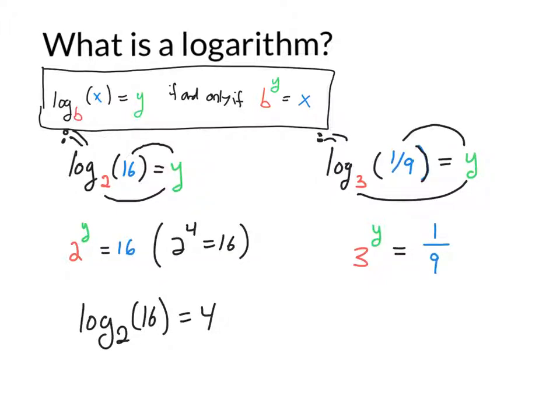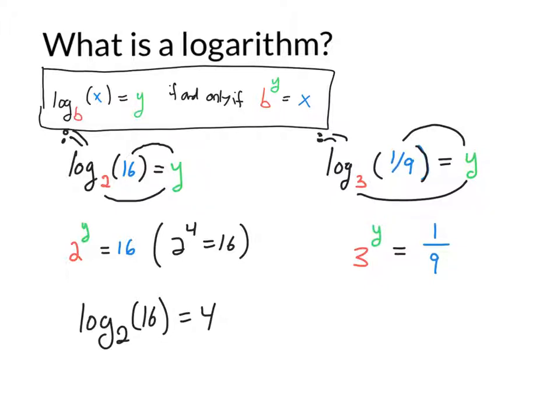When I think about this one, what I see is I have a 9 in my denominator. The relationship between 3 and 9 is that 3 squared is 9, but it's in the denominator. If we think back to our exponent rules, I know that making an exponent negative would give me something in the denominator.